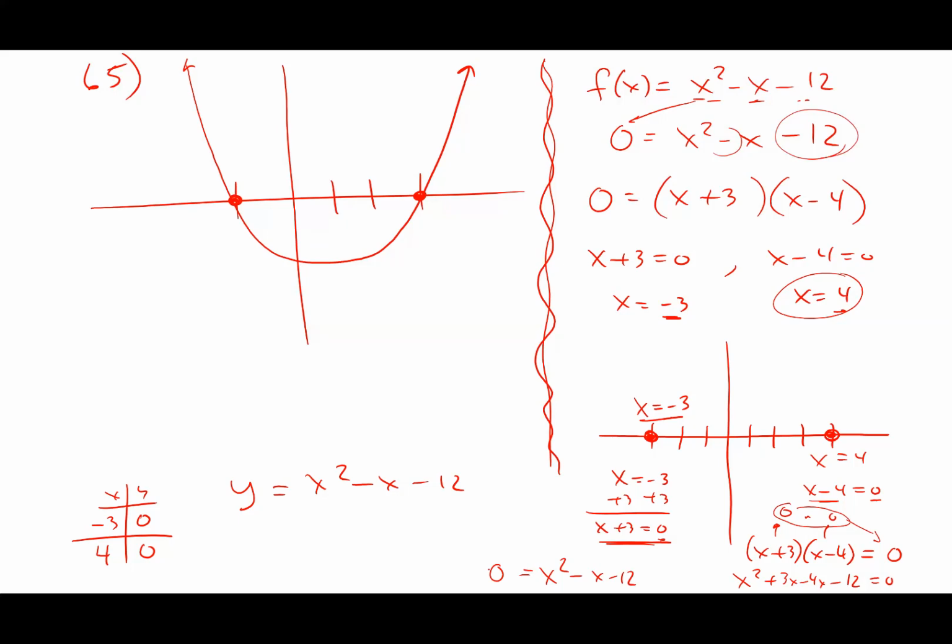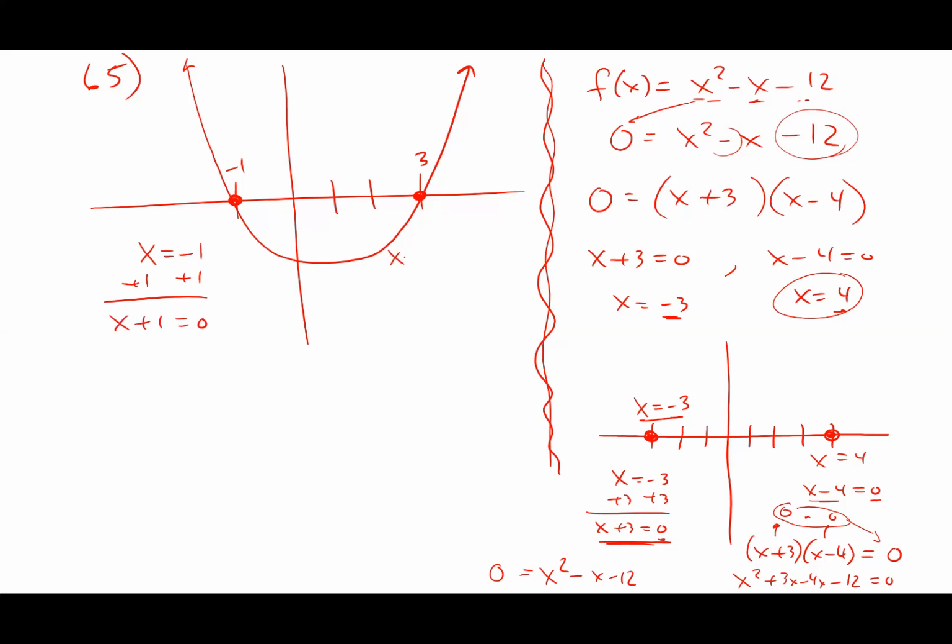So when I look at this problem, now let's go to 65. See if that made sense. I'm trying to get an equation of a graph that hits at negative 1 and hits at 3. And I actually need physical numbers here. One of my zeros or solutions is x equals negative 1. I can add 1 to both sides and it gives me x plus 1 equals 0.